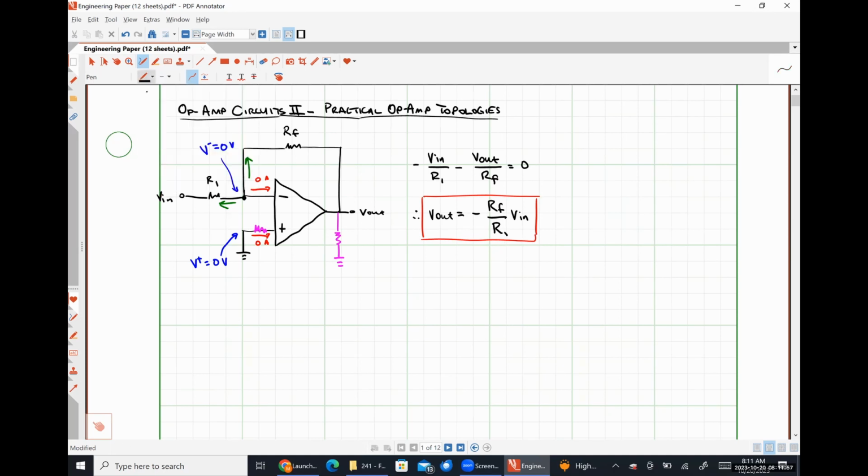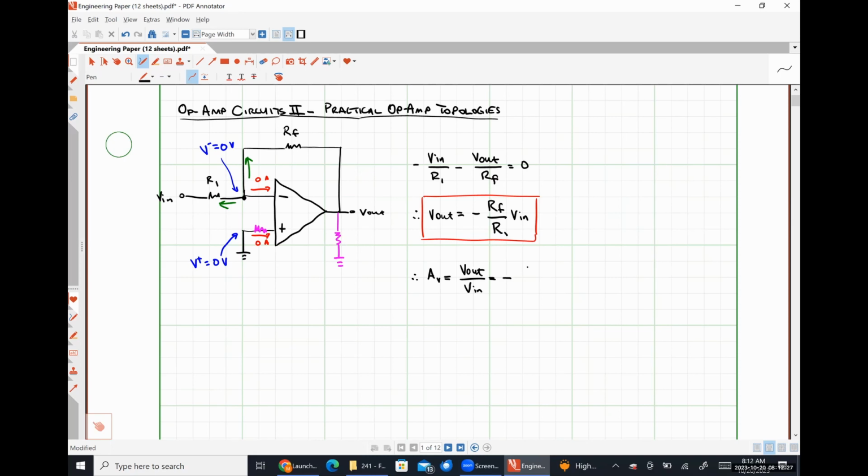I'm going to introduce a new term to you all right here. AV. So A is the symbol that is traditionally used for gain in an amplifier system. And the subscript V specifically means that we are looking at a voltage gain. So the voltage gain of this system is nothing more than the ratio of V out to V in.